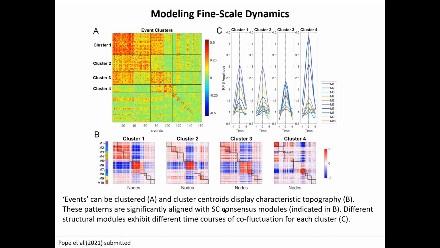To put it differently, structural connectivity modules, modular structure in the anatomy, appears to be associated with, and we presumably can assume is driving, the co-fluctuation patterns we see during these short-lasting events.